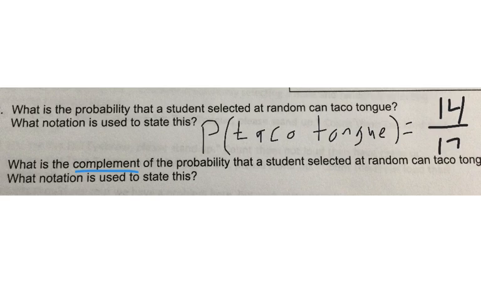It says here, what is the complement of the probability that a student selected at random can taco tongue? We're going to write it in the correct notation: the probability of the complement of taco tongue.